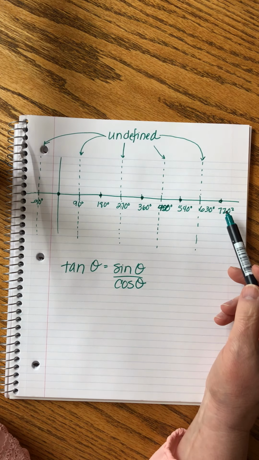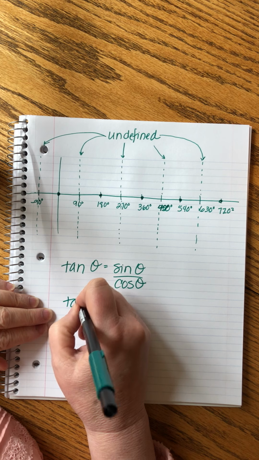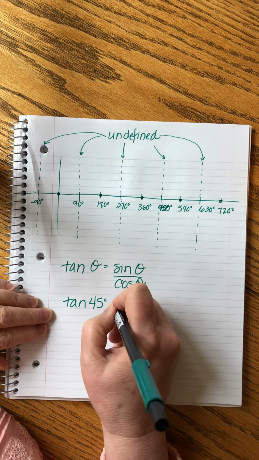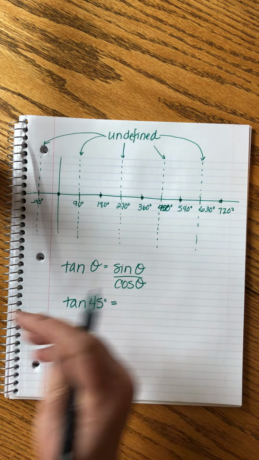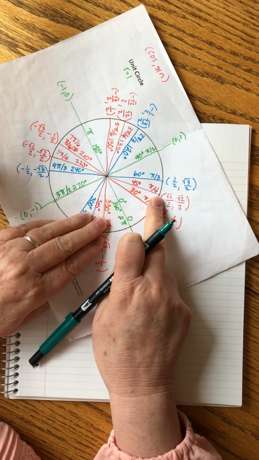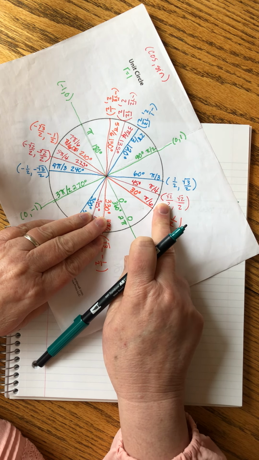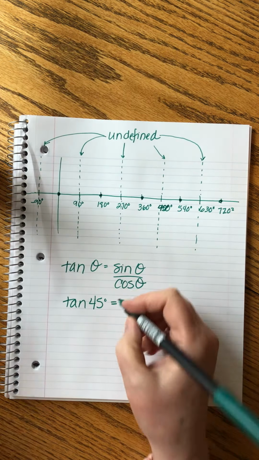So let's take, for example, let's take at 45 degrees. The tangent of 45 degrees is square root of 2 over square root of 2, sine over cosine.